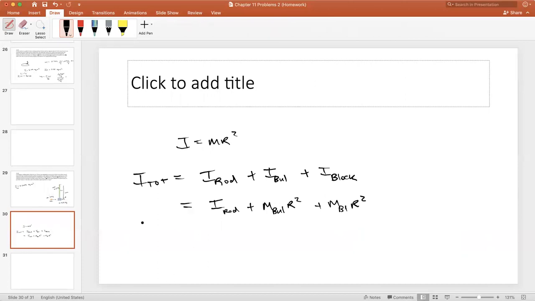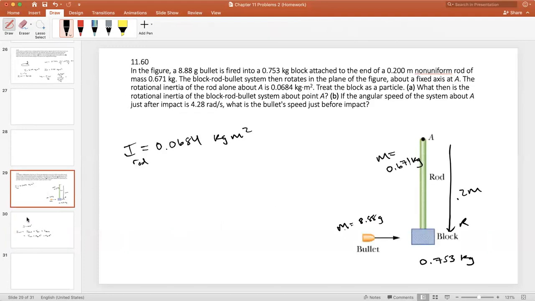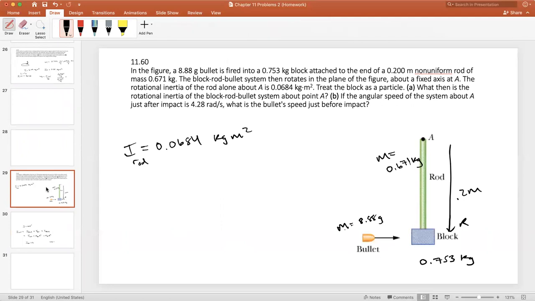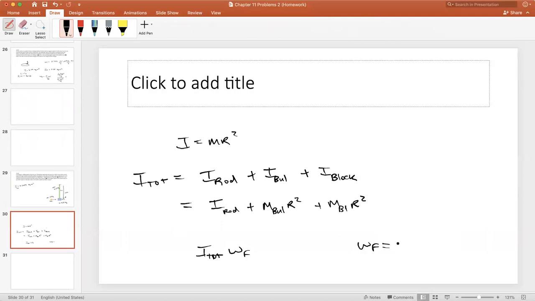For the second part, we're told that after impact, the whole system has angular momentum I total times omega final, where omega final was given as 4.28 radians per second. The initial angular momentum, though: initially the only thing moving was the bullet.